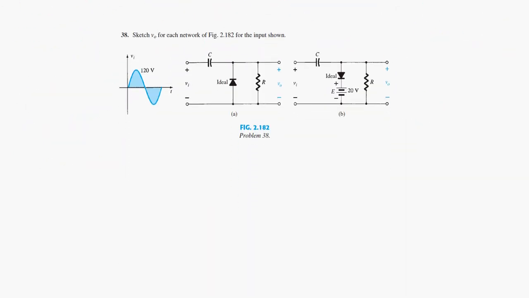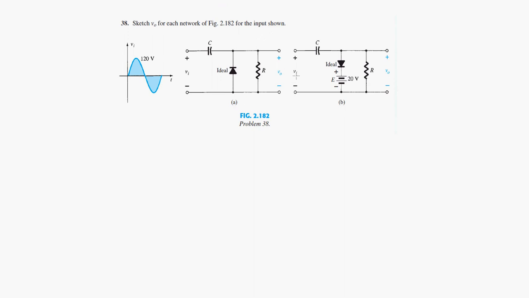Okay, so this is the next clamping circuit, and here we have a sine wave rather than a square wave, so here we can sketch it again. It's the same thing, just slightly different. On the positive cycle, the diode is reverse biased, so again the capacitor doesn't charge.